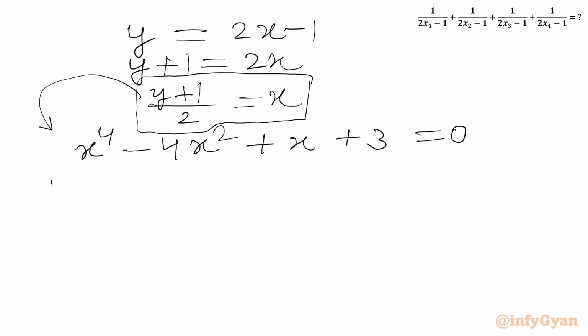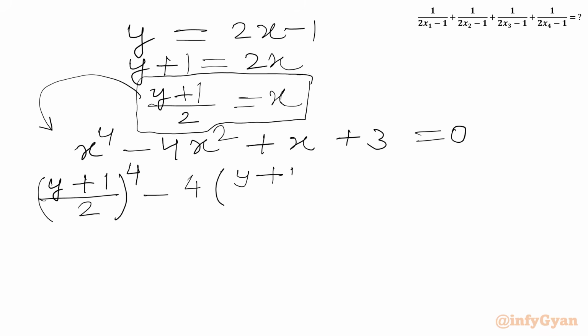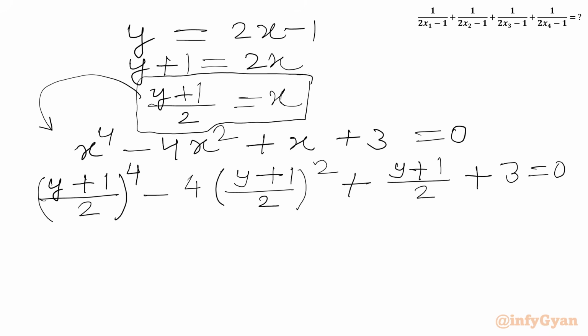So we are going to write here y plus 1 over 2 whole power 4 minus 4 times y plus 1 over 2 whole square plus y plus 1 over 2, this is x, plus 3 equal to 0.